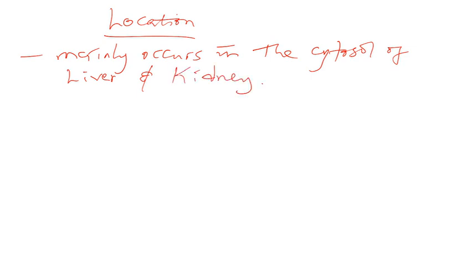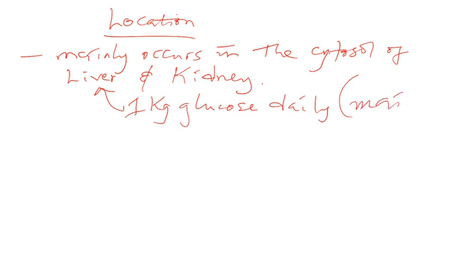But the liver is the main site for gluconeogenesis, and it produces about 1 kg of glucose daily. So, in terms of location, it occurs in the cytosol of the hepatocytes and also the kidney cells, with the liver being the main gluconeogenic organ.